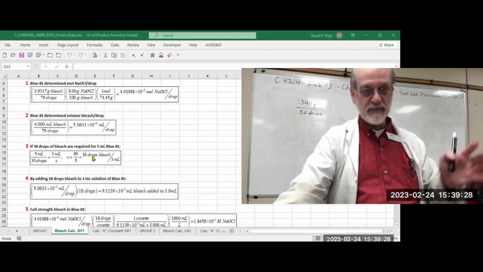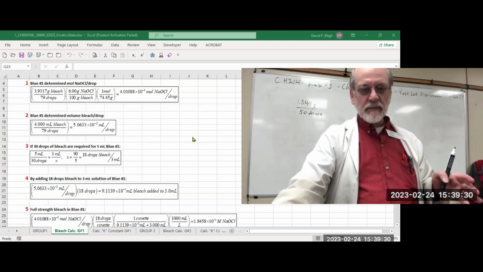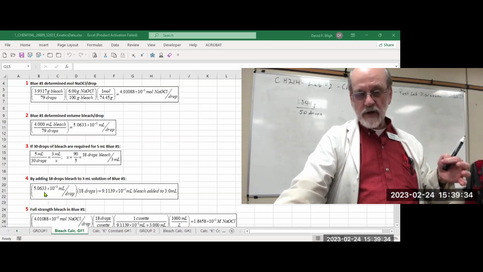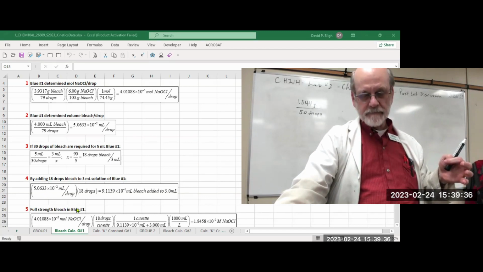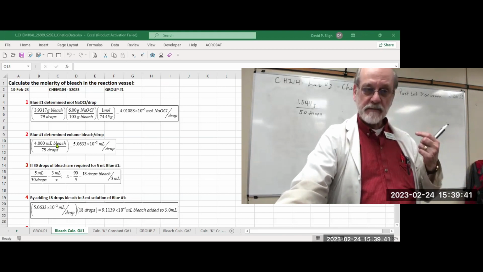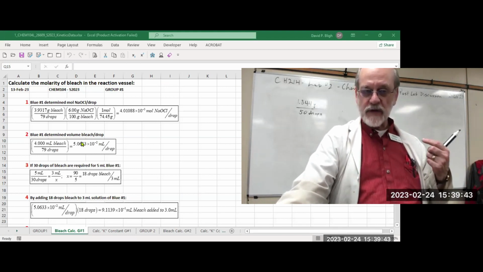And that should already have been done anyway. But we need to know how many drops of bleach. We also, with this milliliters per drop, found that we added this many milliliters per drop.